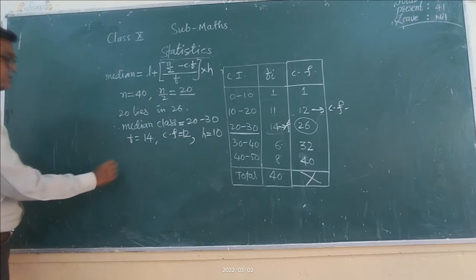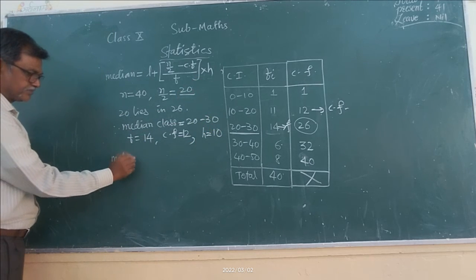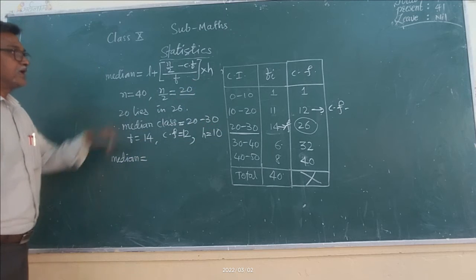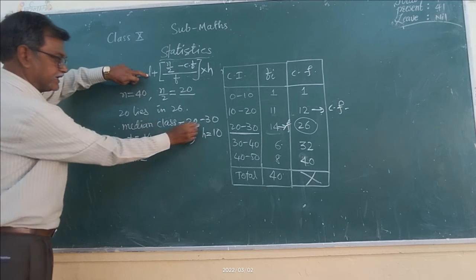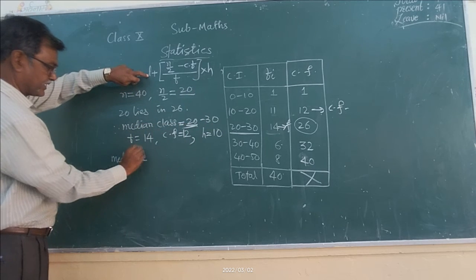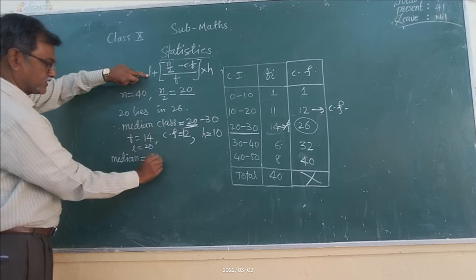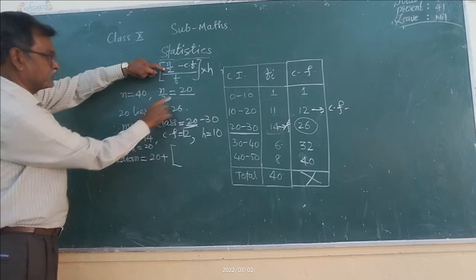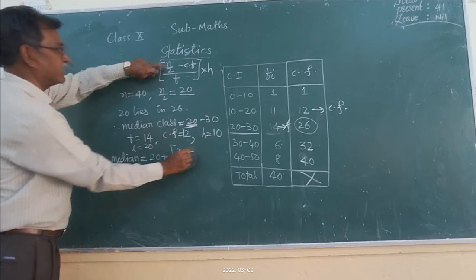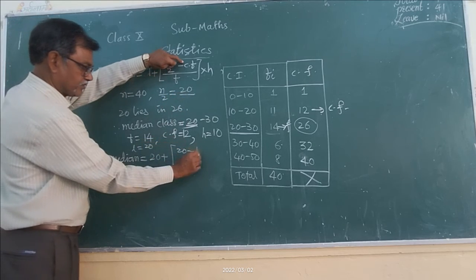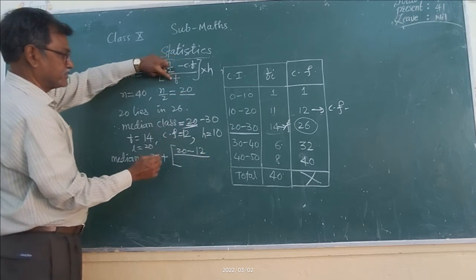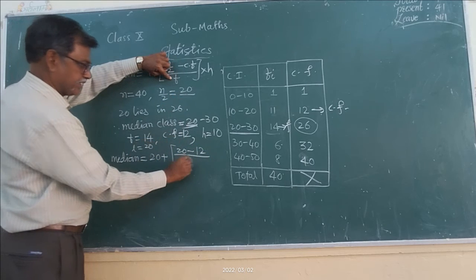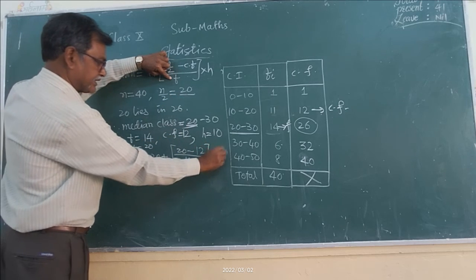Substitute the values. So median is equal to L. Now we get L is 20. So 20 plus n by 2, n by 2 is 20, minus cumulative frequency 12, divided by frequency of the class 14, into 10.